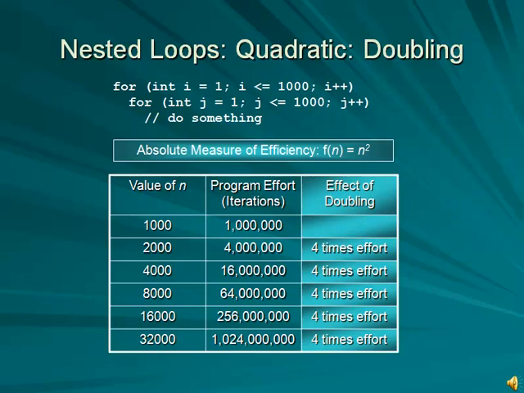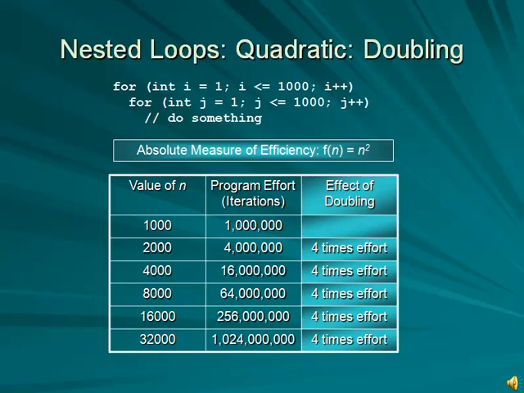The output, or the program iterations, when we start with a value of n of 1,000, then it takes 1,000,000 iterations. When we have a value of n of 2,000, it takes 4,000,000 iterations, and so on. But remember about big O. We don't care about the actual program effort for a given value of n. No. Instead, we care about how program effort changes as we change n.